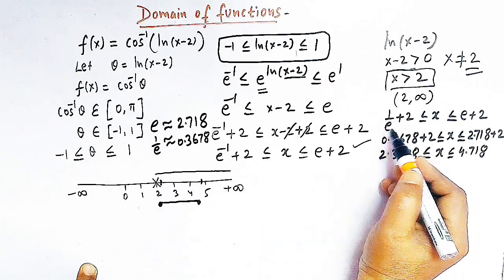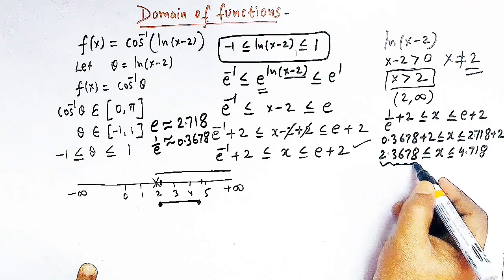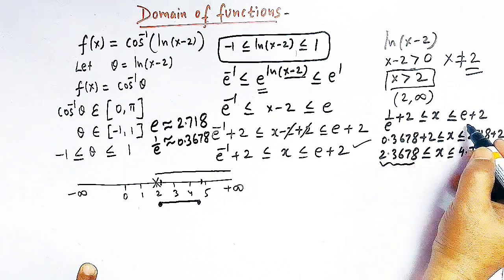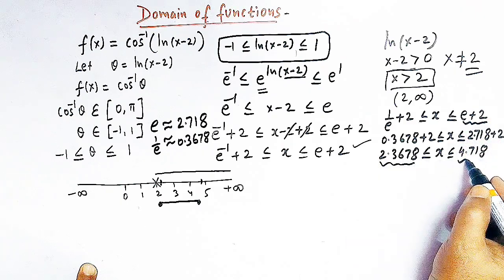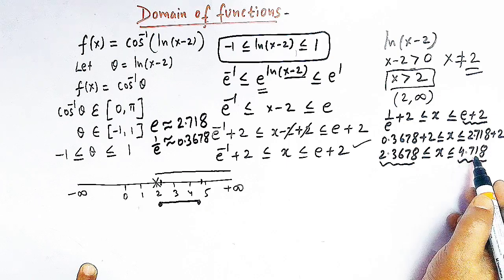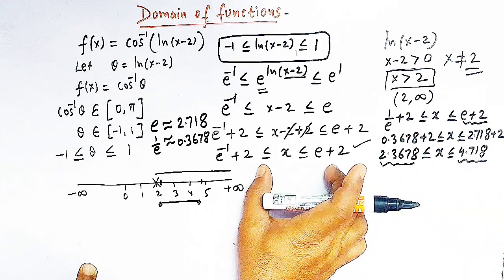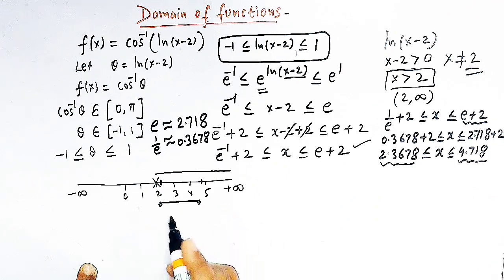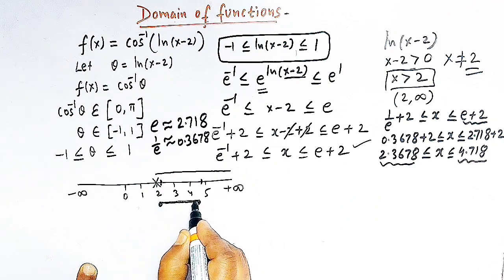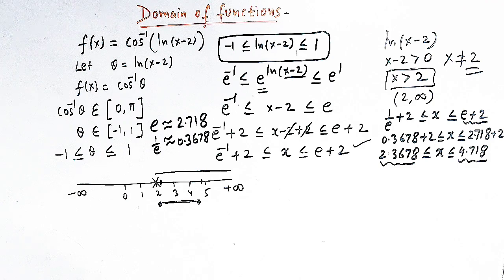So 1 over e plus 2 is approximately equal to 2.3678, and e plus 2 is approximately equal to 4.718. So the representation of this inequality on the real number line is given by this line.